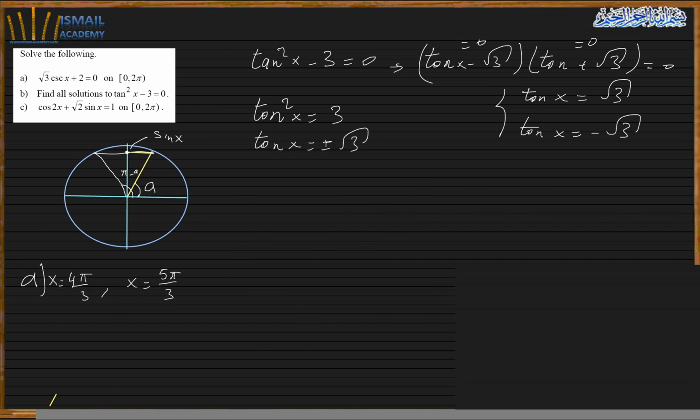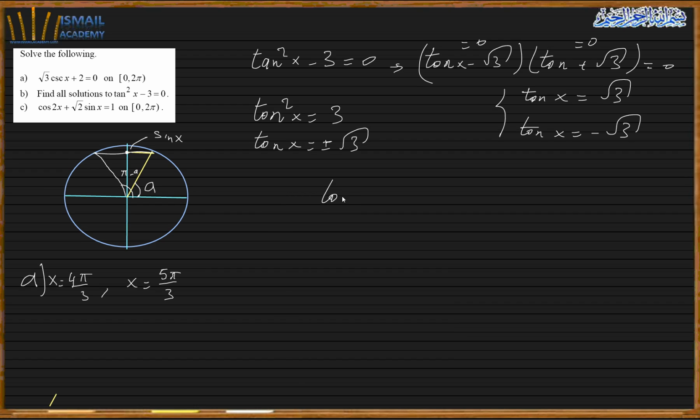So what I do here, I change square root of 3 by tangent, so I will have tangent of x equal tangent pi over 3, or tangent of x equal tangent of minus pi over 3. So those are my substitutions for square root of 3 and minus square root of 3.